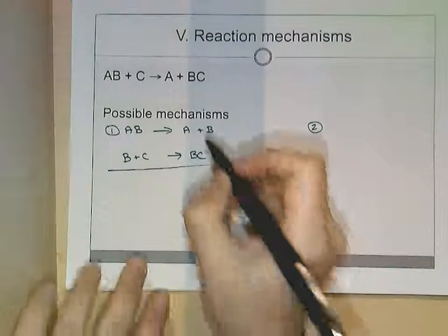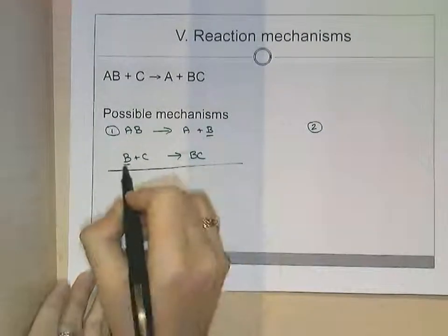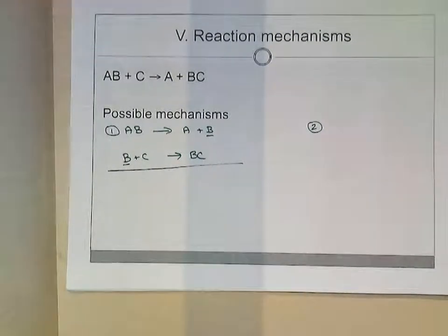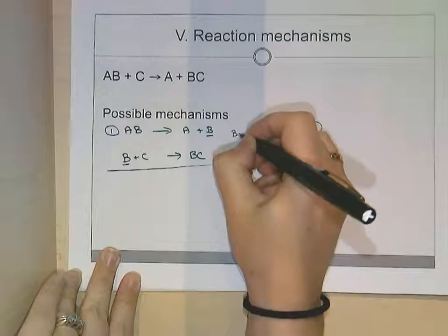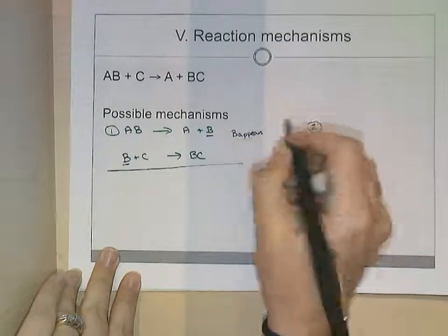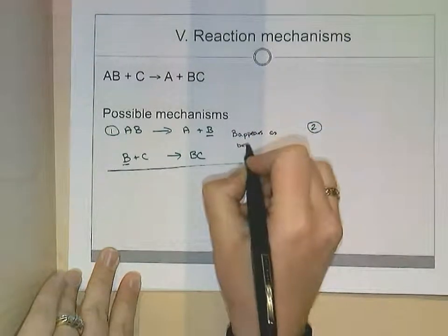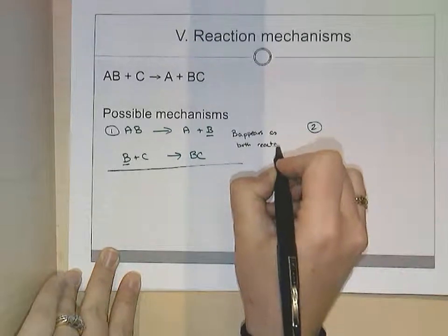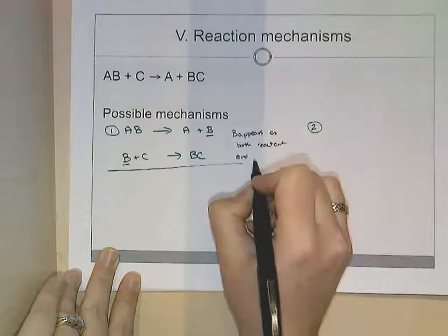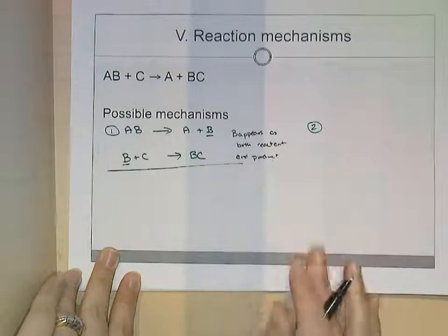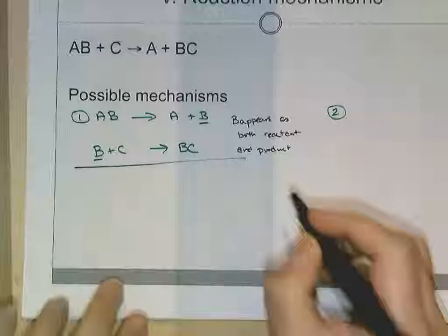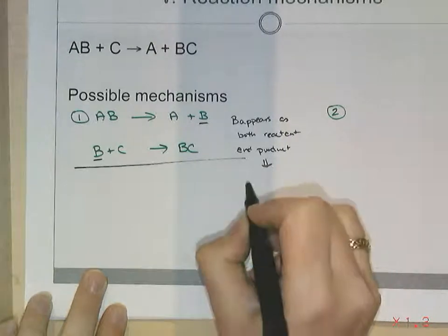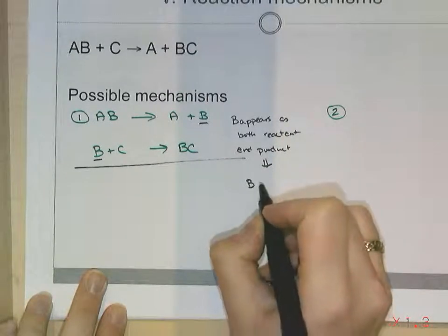So in this case, B appears both as a reactant and a product, which means in this case, B is considered an intermediate.